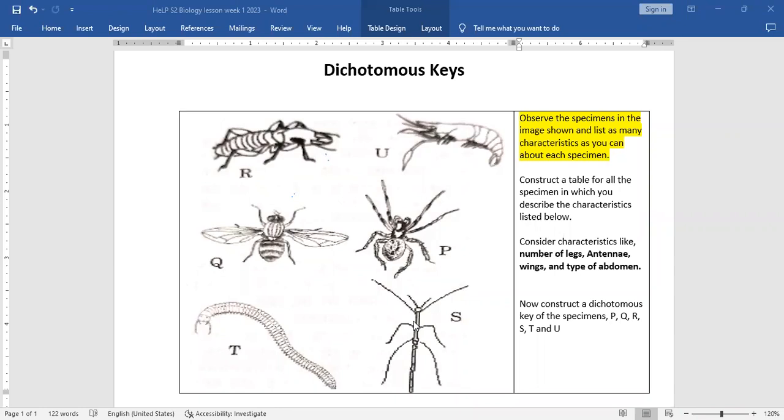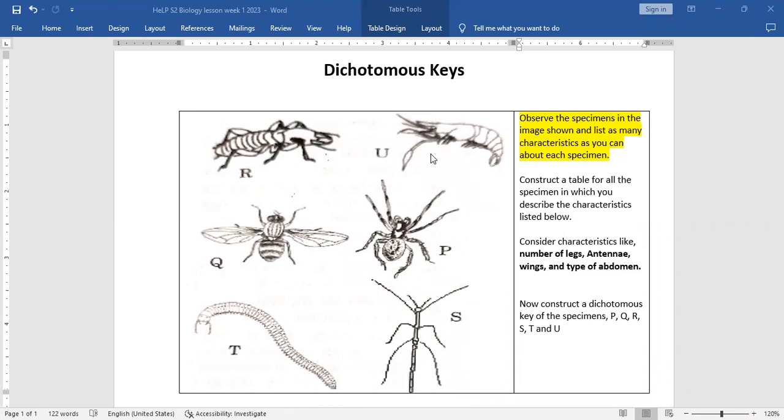How many? Okay, 1 pair of antenna. Okay. And also 6 legs. That is all. Does it have wings? No, it has no wings. Beautiful.